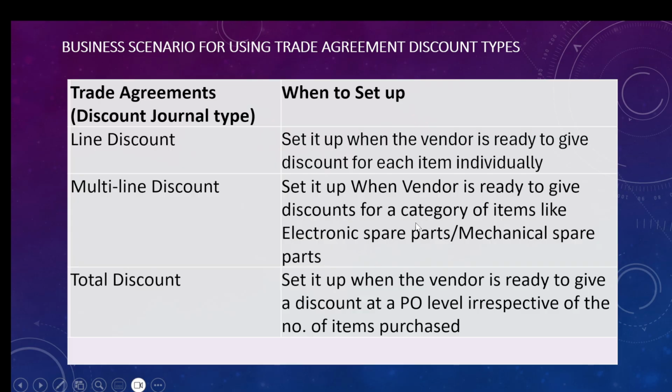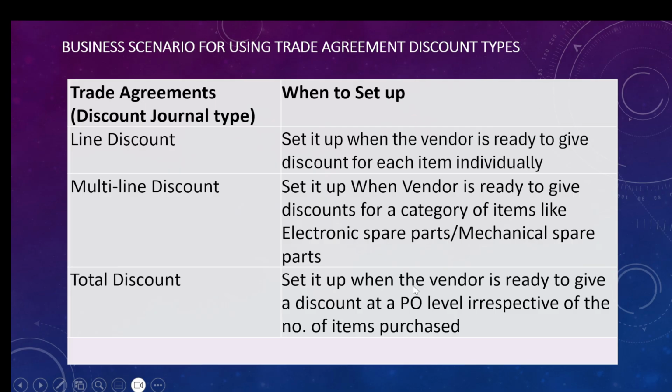The third scenario is the vendor is ready to give a discount at a header level, that is, a purchase order level, rather than at an item level. The purchase order could contain any number of items, any quantity. Let's say $100 is the value of the purchase order.